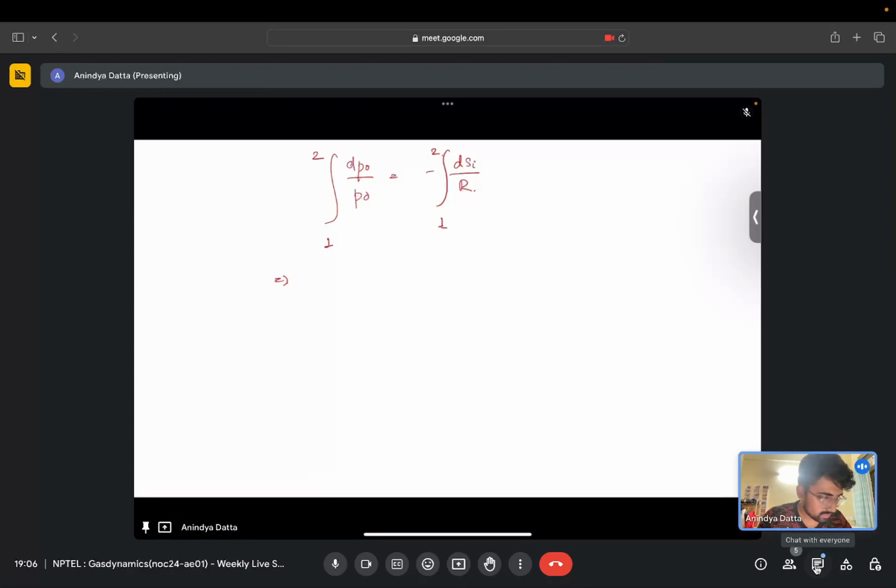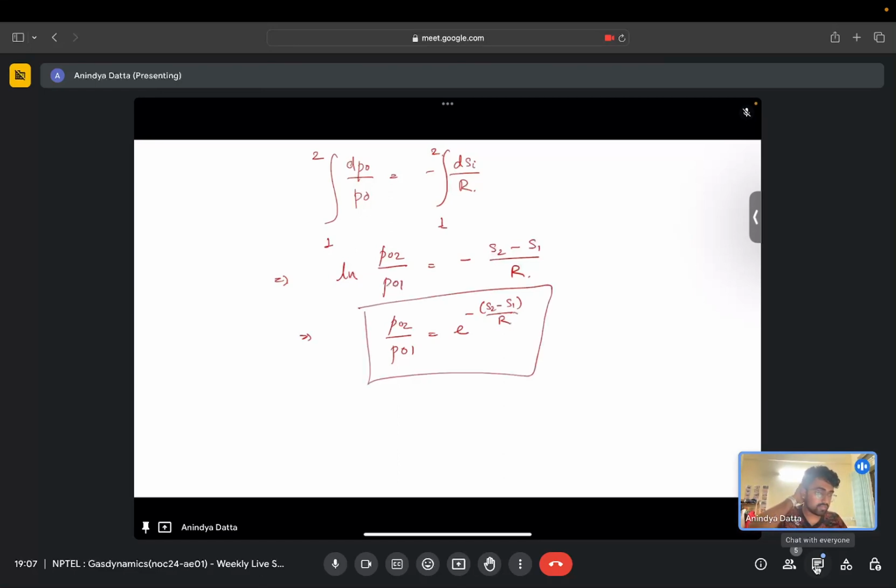If we do that, what we'll get is ln P02 by P01 is equal to minus (S2 minus S1) by R, or we can write P02 by P01 is equal to e to the power minus (S2 minus S1) by R. This is an important formula for change in entropy.